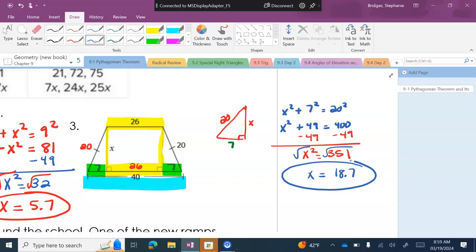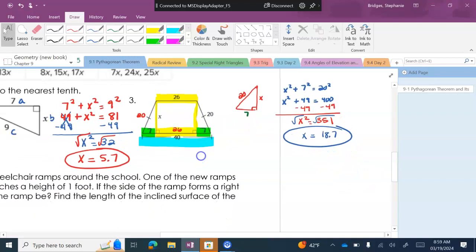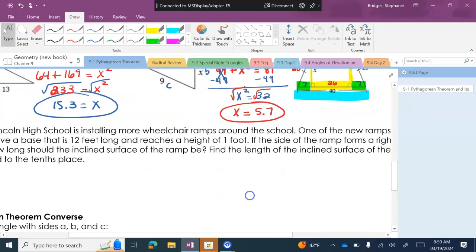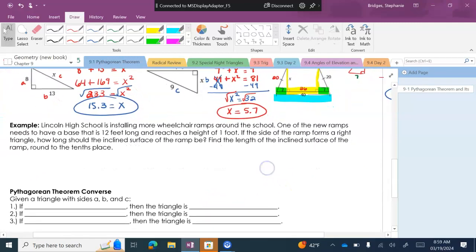Okay. So take a minute and read the next question, that little paragraph. Not really a paragraph, it's just a couple of sentences. Read what it says and try to imagine what that looks like. Take a minute and read your question. The next example with all the words.